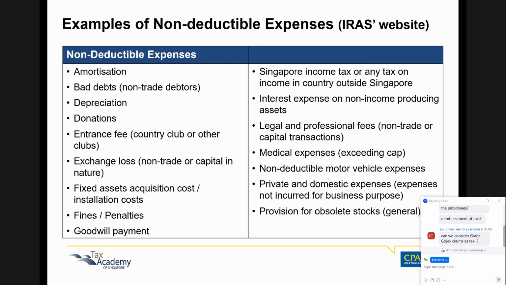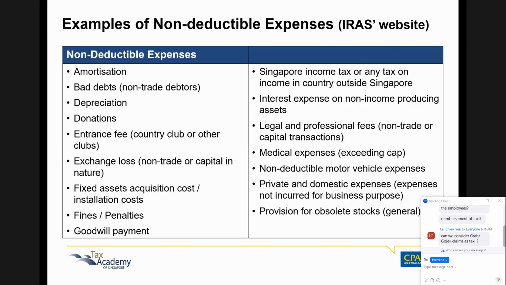Even though we may not be able to claim these as expenses, we may be able to claim capital allowance, which we will cover later. So fines, penalties, these are not deductible. We don't want to compensate the company for breaking the law, etc.